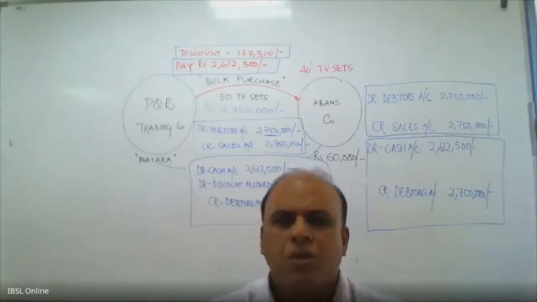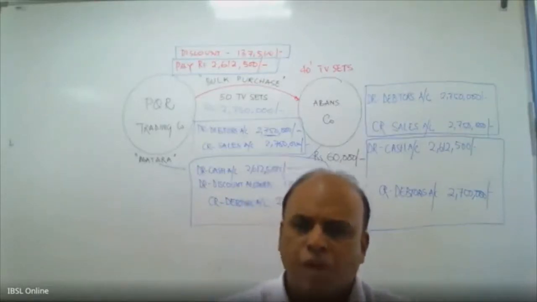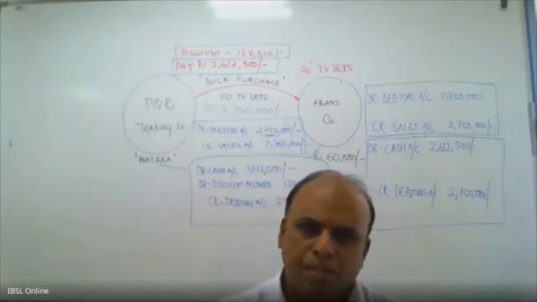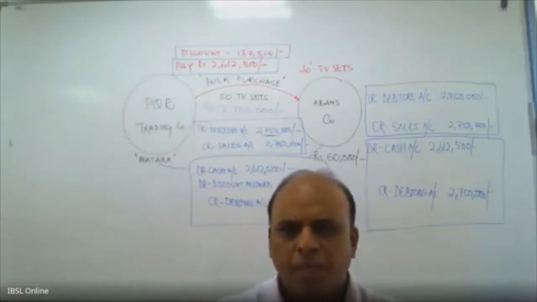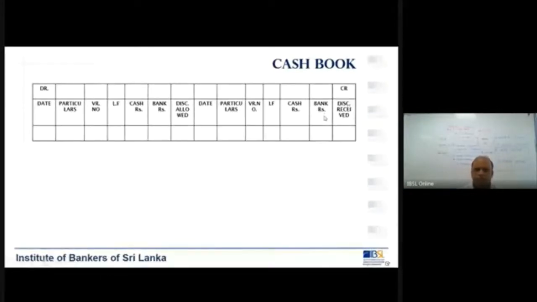Right. So look at this. Now, assuming that this is the cash book of Aban's company. Now, we were talking about a double column cash book, where you will have the cash column and the bank column on the debit side as well as on the credit side.